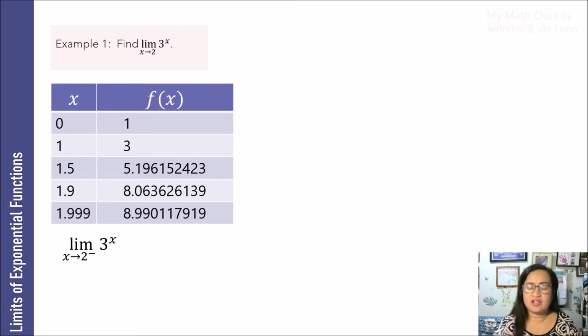Remember, in order to conclude that this limit exists, we have to show that the limit of the function as x approaches 2 from the left is equal to the limit of the function as x approaches 2 from the right.